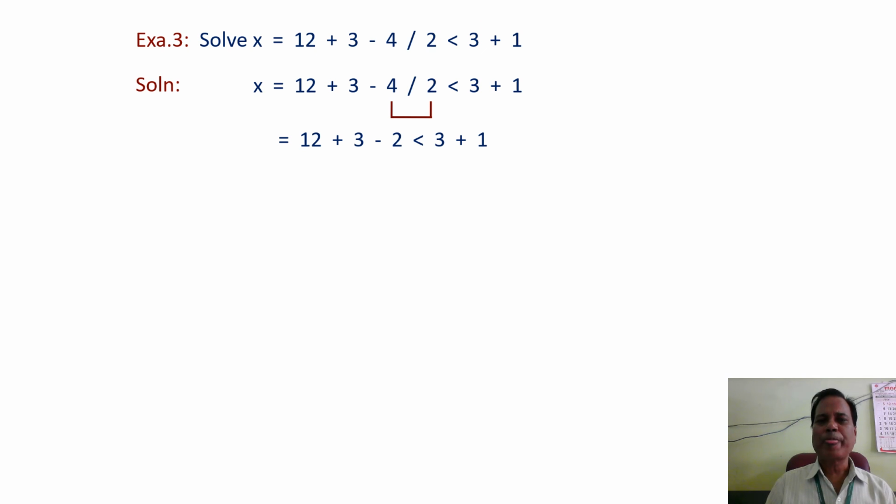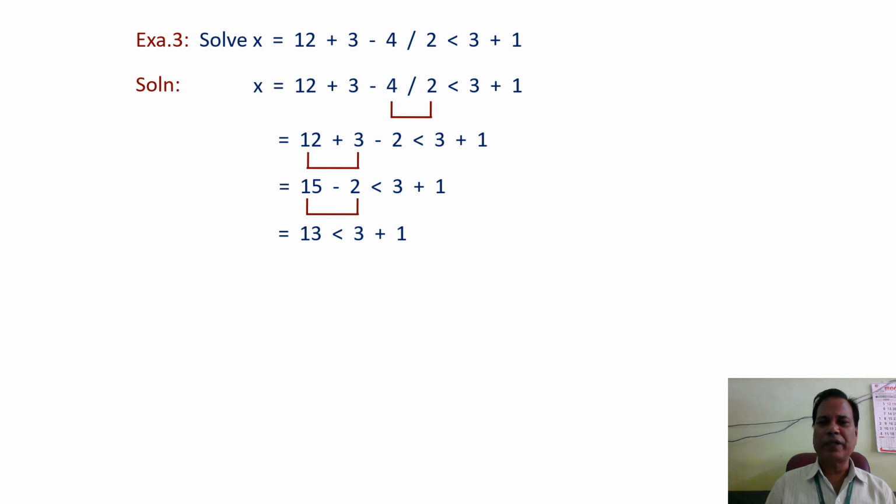Now in this one, addition and subtraction operators have higher precedence than the relational operator less than. So we operate first the addition and subtraction operators, following the rule of associativity. So 12 plus 3 results in 15, minus 2 less than 3 plus 1. Now in the next step, 15 minus 2 results in 13 less than 3 plus 1.